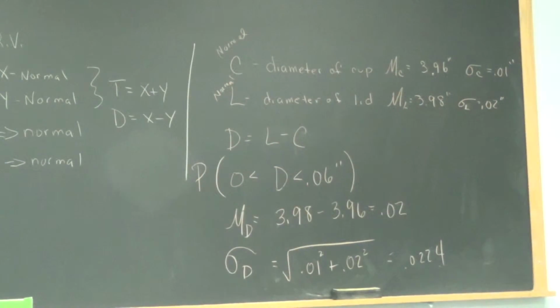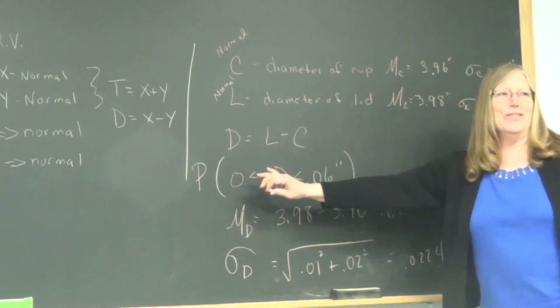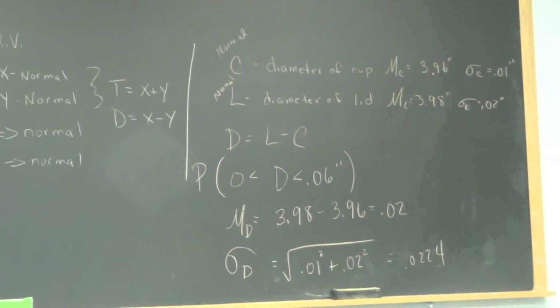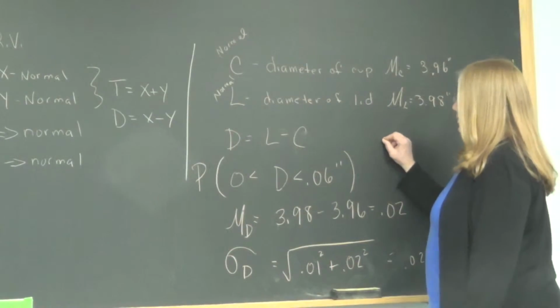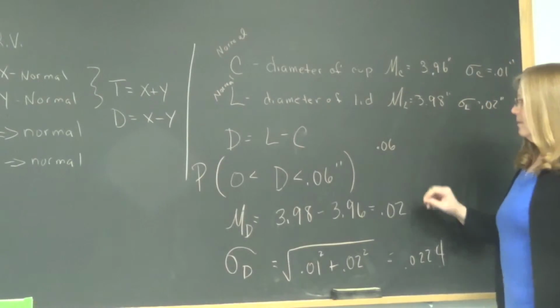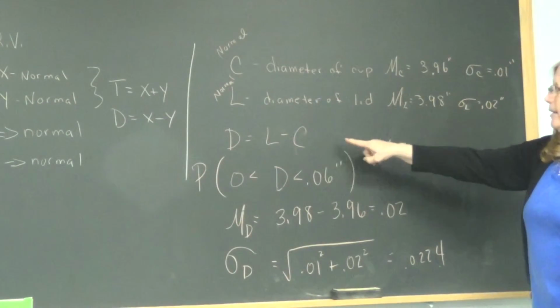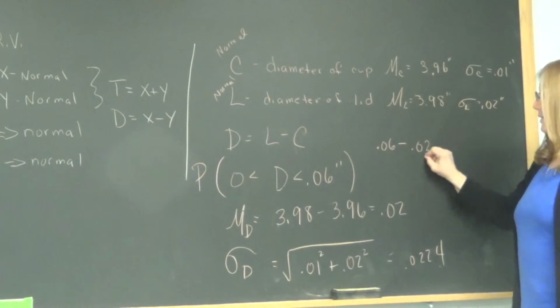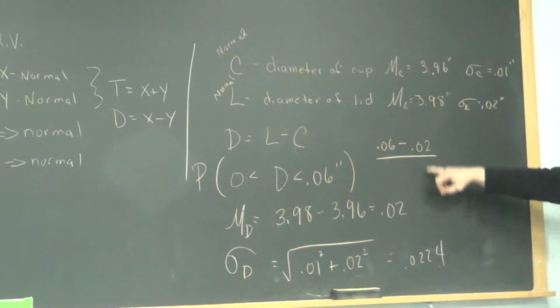See, Julia, you were getting good at this yesterday. What will I do with this number first, the 0.06, before I can go to my chart? A z-score. So how do I get a z-score out of that? You take the thing that you want to find and subtract the mean of the difference, which is 0.02, divided by the standard deviation.